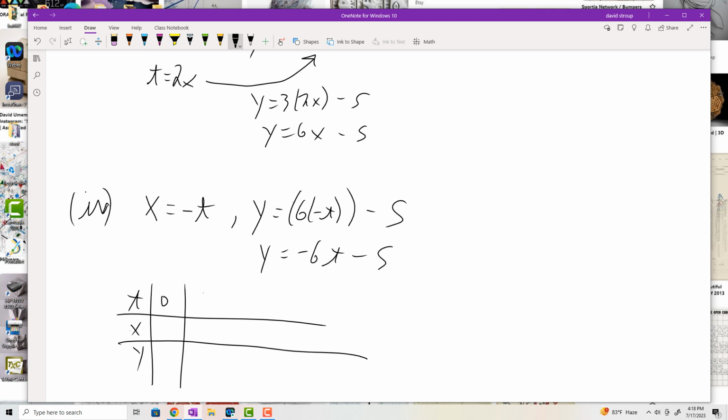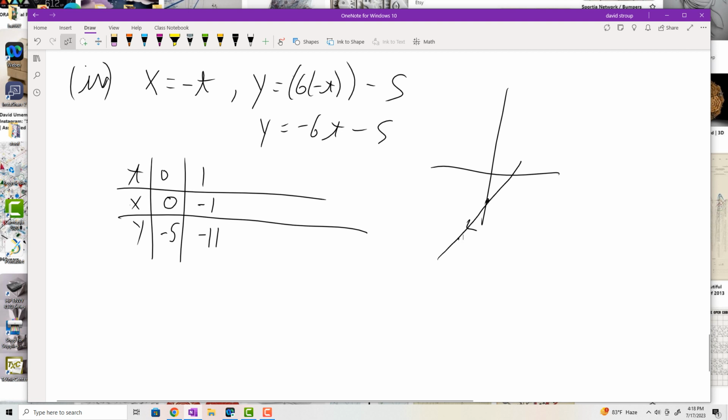At 0, x is 0 and y is negative 5. And then at 1, x is negative 1 and y is negative 6 minus 5, which is negative 11. So clearly this time you're going in the other direction, right? So the orientation is this direction.